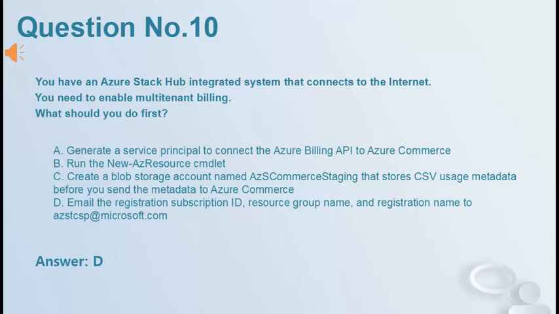C. Create a blob storage account named AZ-600-staging that stores CSV usage metadata before you send the metadata to Azure Commerce. D. Email the registration subscription ID, resource group name, and registration name to azstcsp@microsoft.com. Answer: D.